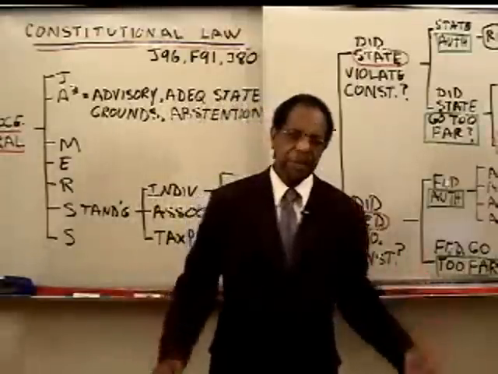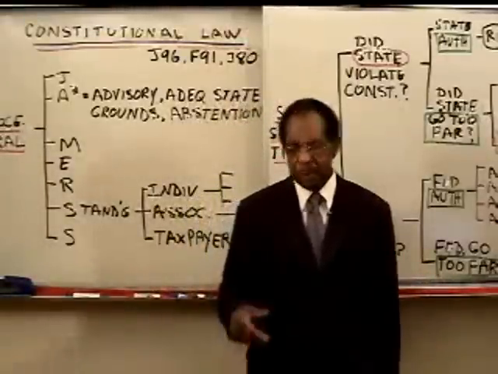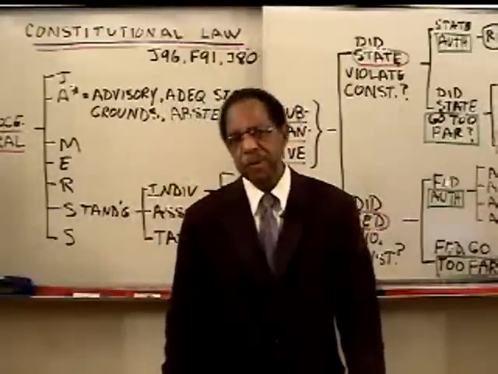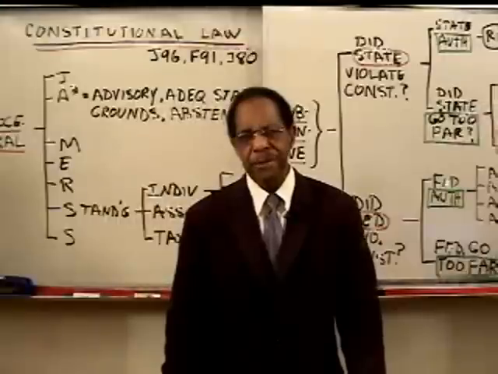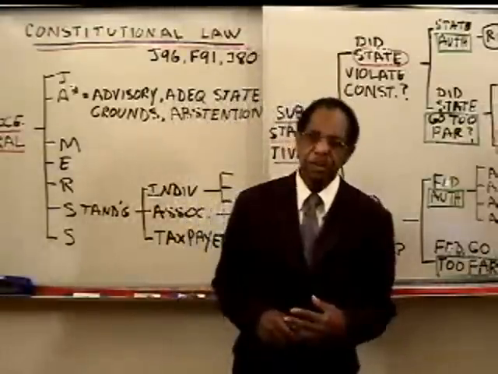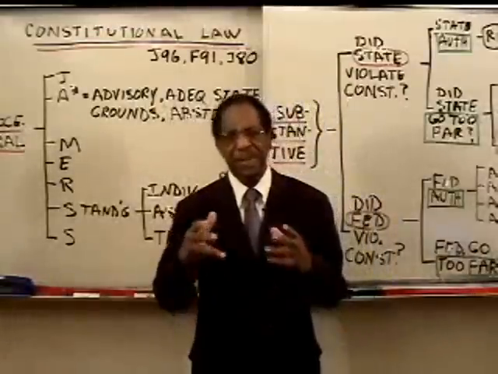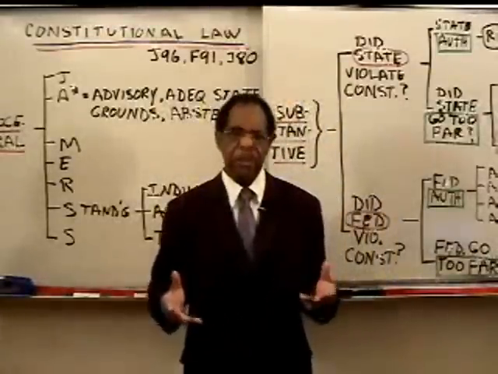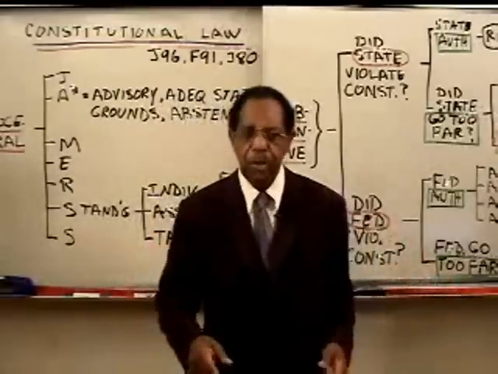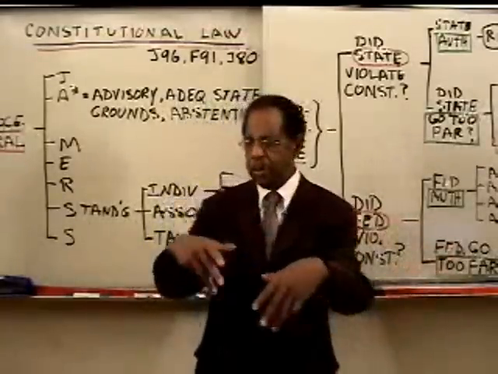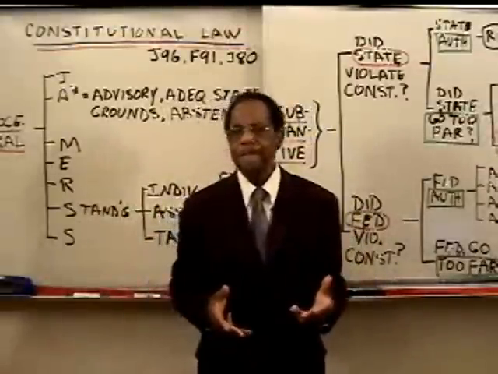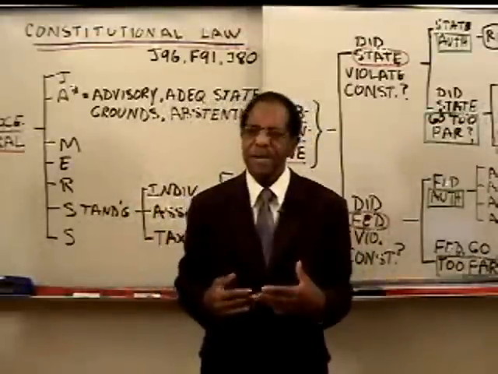So the plaintiff may be some individual, but the defendant is always going to be one of the governmental bodies, because only the government can violate the Constitution. The Constitution is a document which imposes limitations on the behavior of the government. That's what constitutions do. The government promises its people, we will do certain things and we will not do these other things. And that's what constitutions say. And so only the government can violate the Constitution.